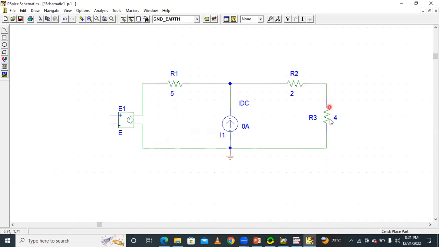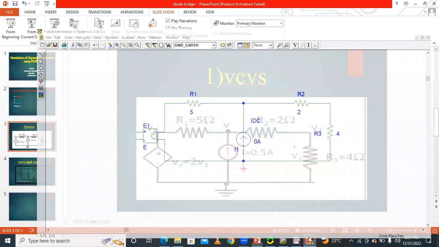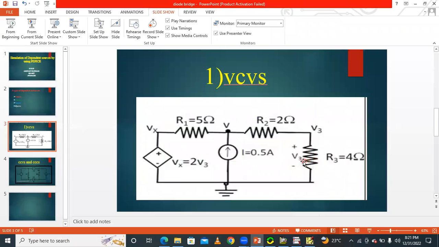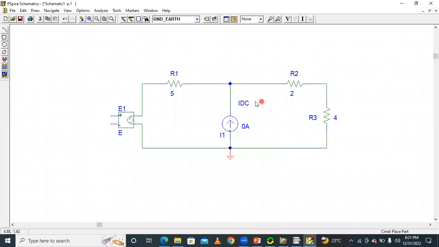It depends on the 4 ohm resistor. The voltage present across the 4 ohm resistor is the voltage V3, and the source is 2V3. Plus is here and minus is near the ground. This side polarity is negative and this is positive.